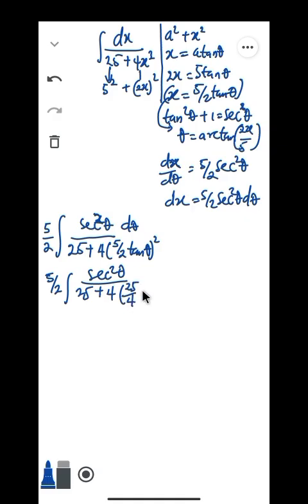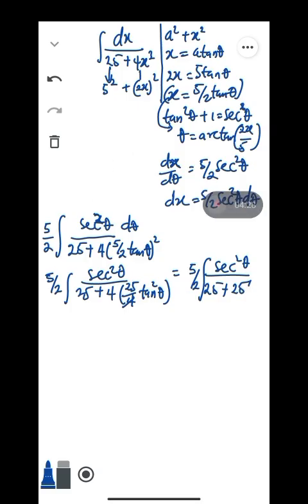So I have 25 over 4 tan squared theta. Now I can go ahead to simplify the expression further. 5 over 2 and the integral of sec squared theta over 25 plus, now 4 can cancel 4 here, so what do I have left? I have 25 tan squared theta.